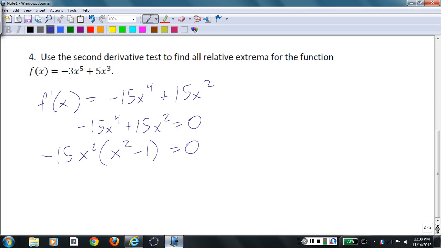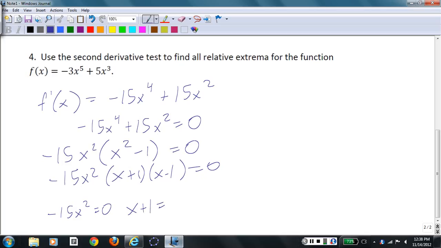There is the first derivative. Now maybe the negative 15x squared equals 0. Maybe, I'm skipping a step, huh? Let's factor it. Negative 15x squared times x plus 1 times x minus 1 equals 0. So maybe x plus 1 equals 0, maybe x minus 1 equals 0. So 3 first order critical numbers, 0, negative 1, and 1.